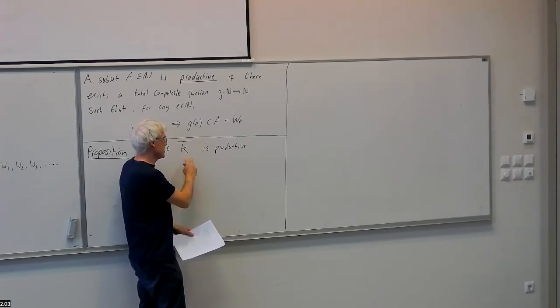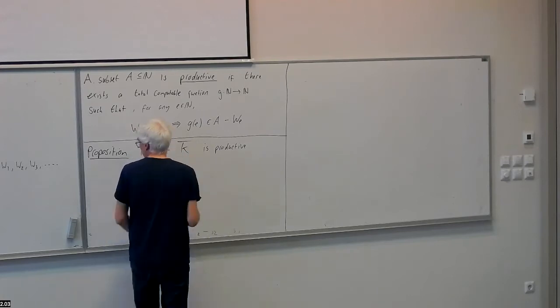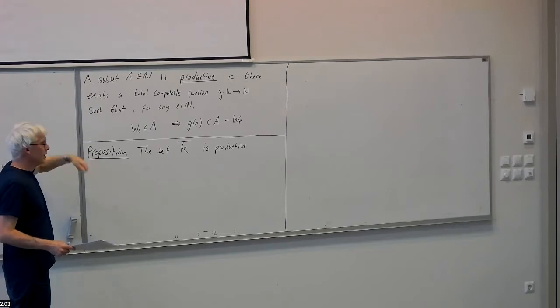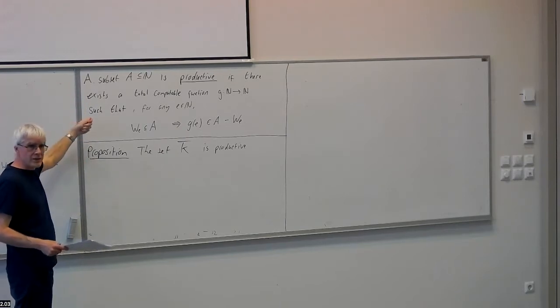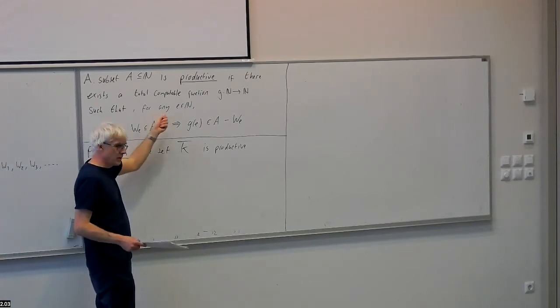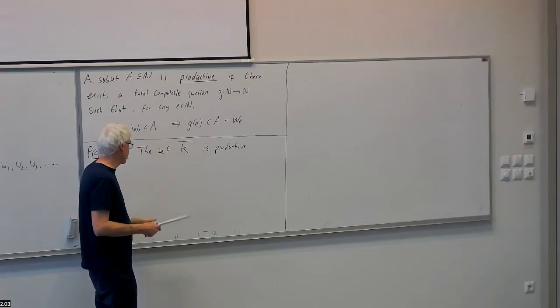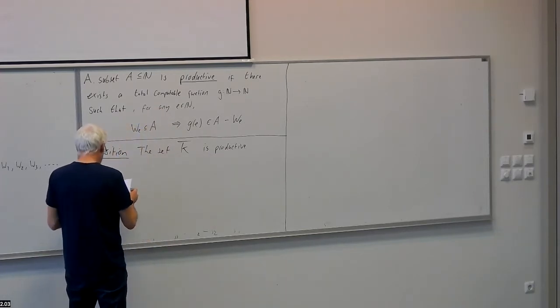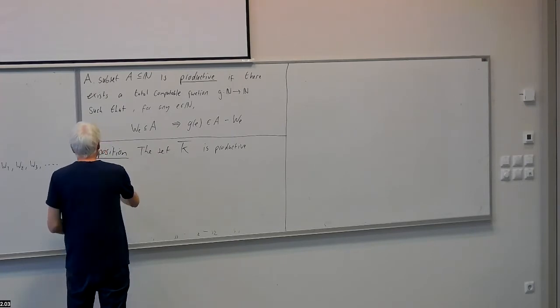But it's not just not computably enumerable, it's not computably enumerable in a stronger way: we can even find the elements that we leave out when we try to find a computably enumerable approximation of the set, and we can find those in a computable way. So let's prove this. It's a very short proof.